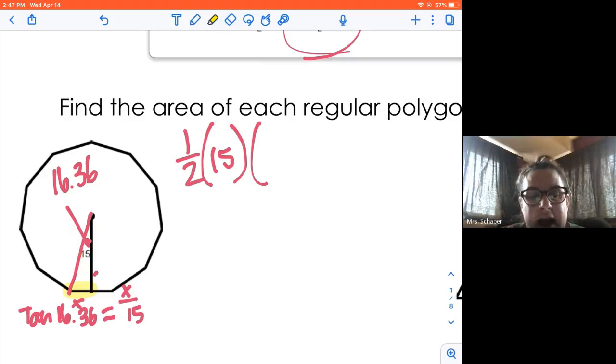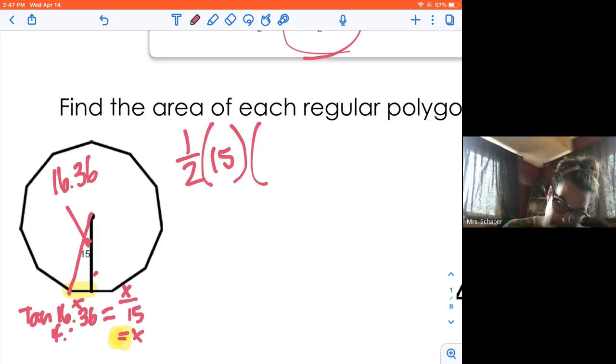Then I can either double it to get one side length and multiply by 11, or I can just go ahead and multiply it by 22. So I'm going to take the tangent of 16.36 times 15. That's going to be x is equal to 4.40.